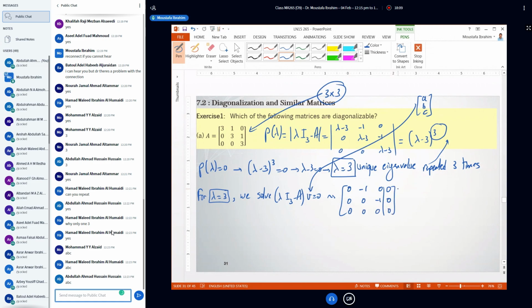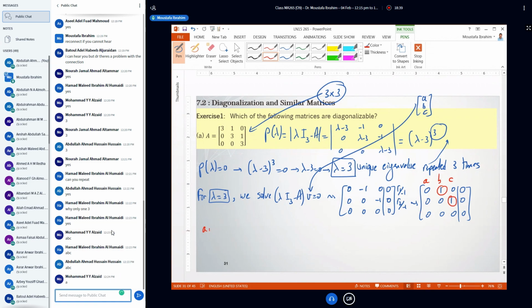To make this one a leading 1, we divide by minus 1. R2 divided by minus 1, so we get 0, 1, 0, 0, 0, 0, 1, 0, and all zeros. Now here we have a, b, c, and leading 1s. Which one is free? a is free. Do we have another free variable?